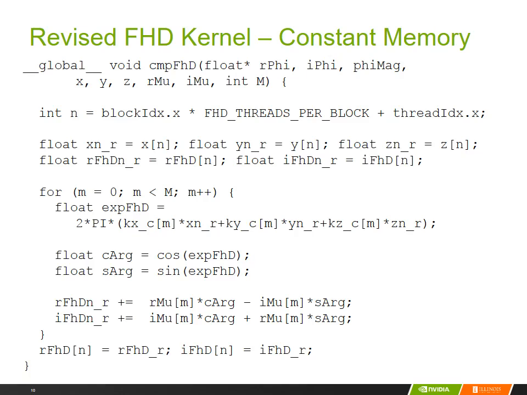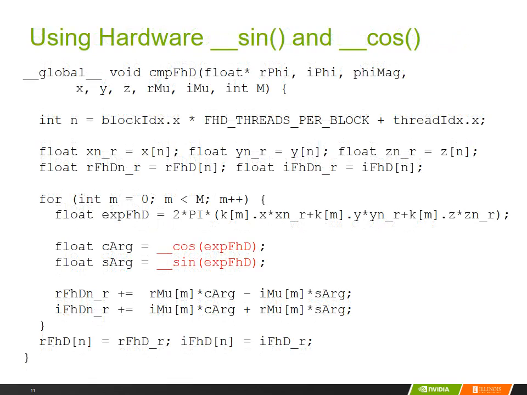And inside the kernel, in each iteration of the for loop, we see that we're accessing kx_c, ky_c, and kz_c. I would like to encourage the students to read some more details about the constant memory for data layout optimization that will affect the performance of the code on some of the hardware devices.